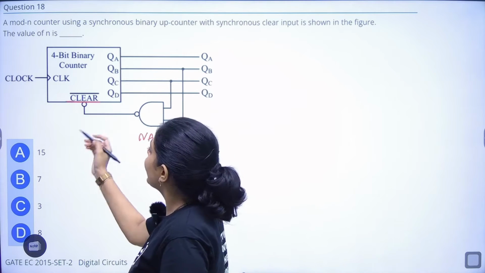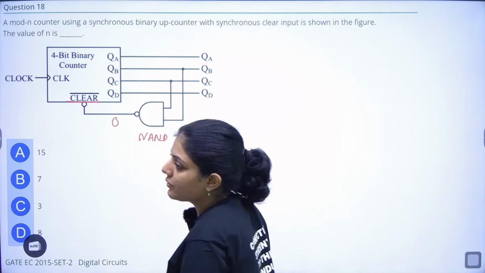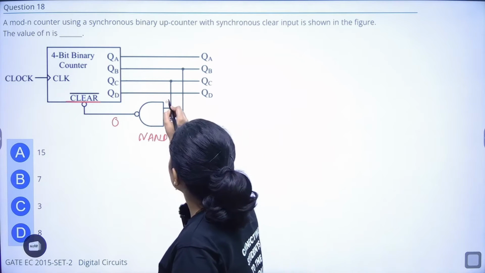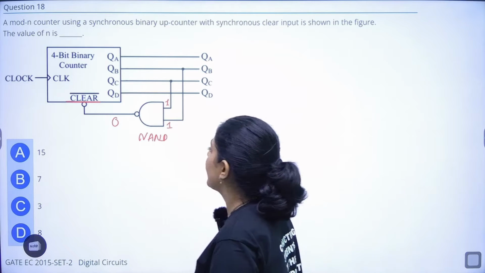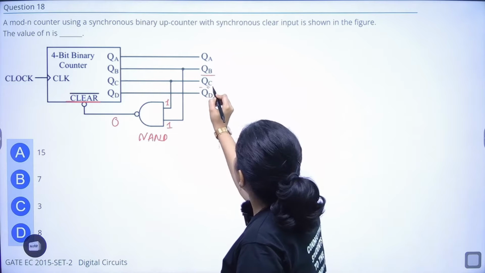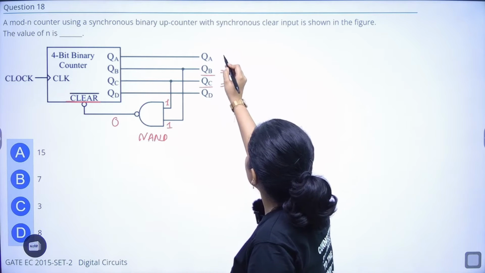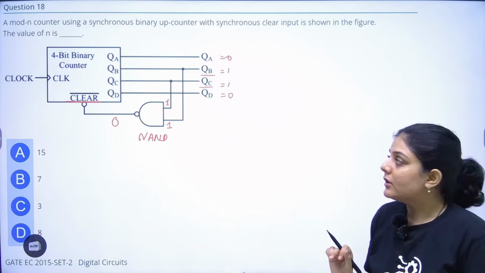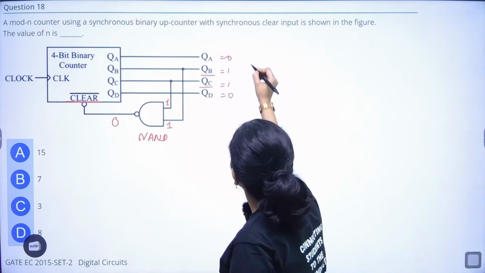It is again active low, so the output should be equal to 0 in order to clear the counter. So its inputs should be 1 and 1. So QB and this should be 1, this should be 1, this should be 0 and this should be 0. So that will be the first number, and this is 6.